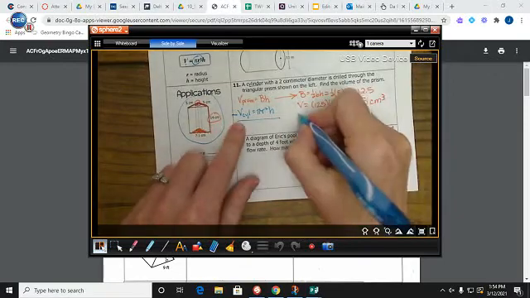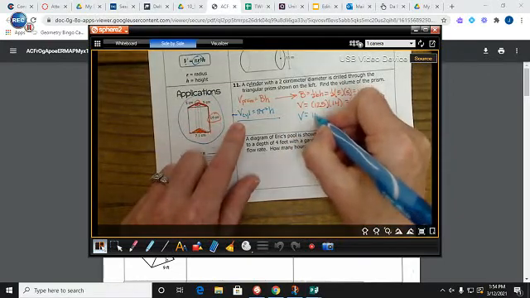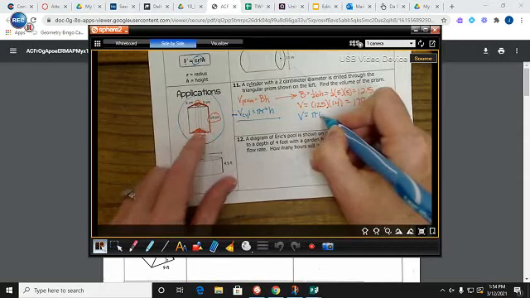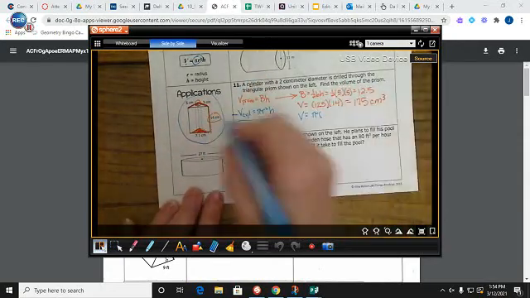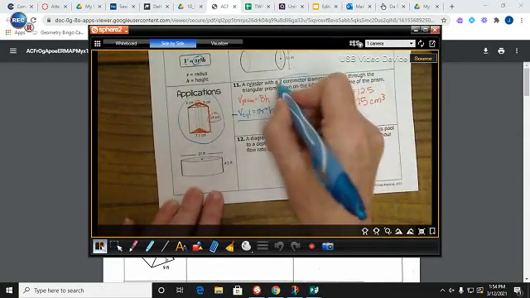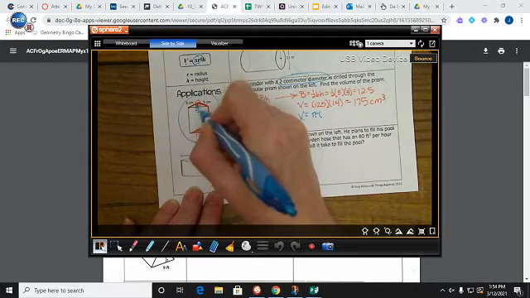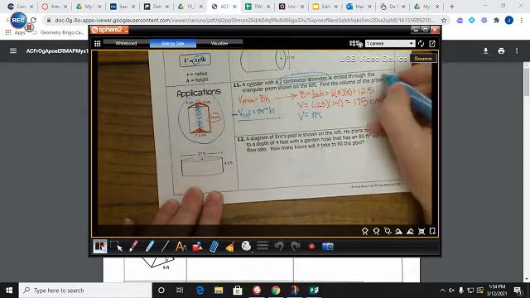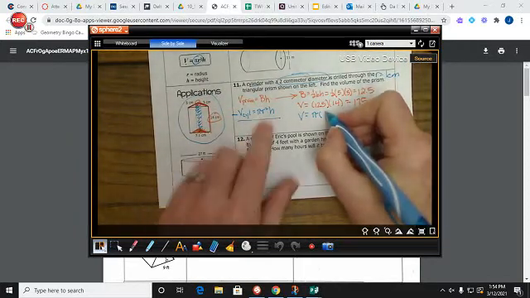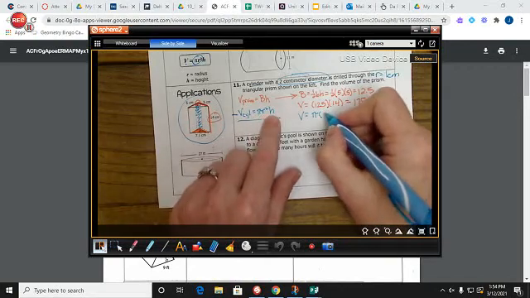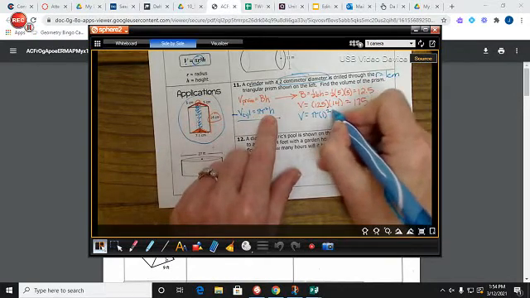To find the volume of my cylinder now, I'm going to do pi times, oh, what is the radius of this thing? Oh, look, they gave me a 2 centimeter diameter for this hole. And so that means I have a 1 centimeter radius. And so for pi r squared times height, I'm going to do pi times 1 squared.